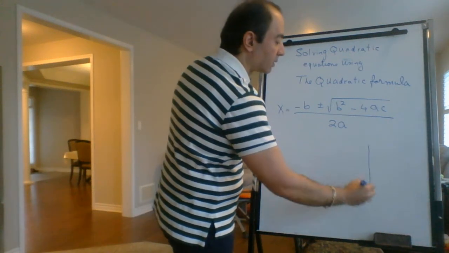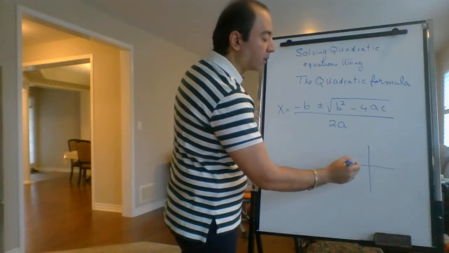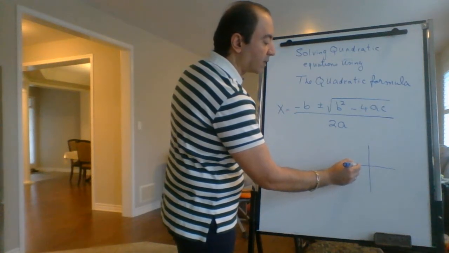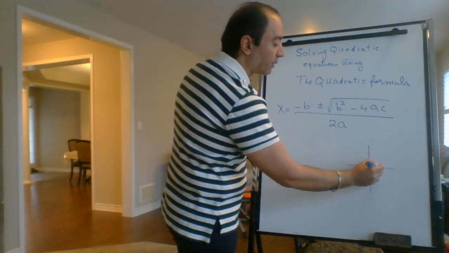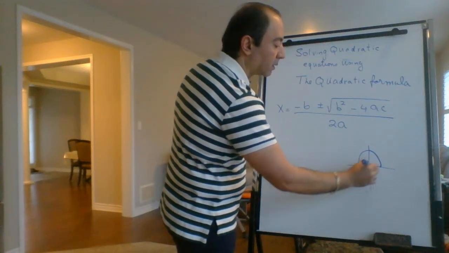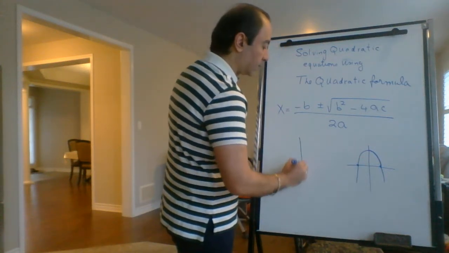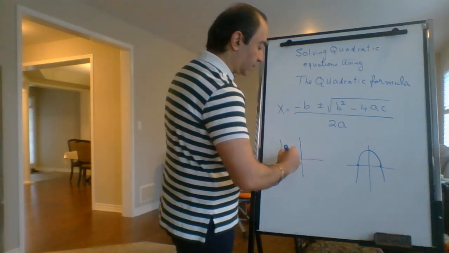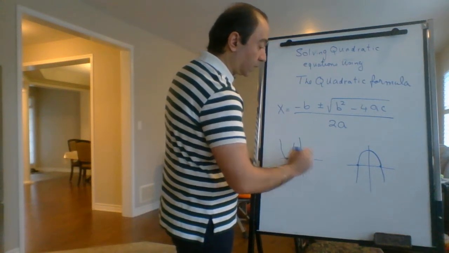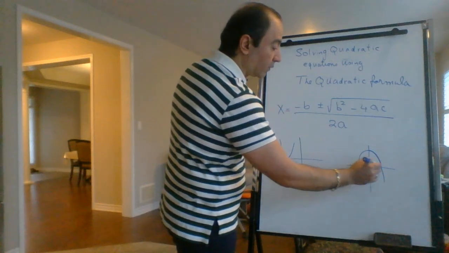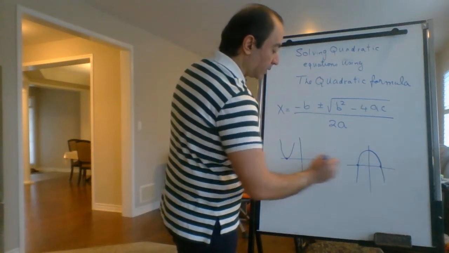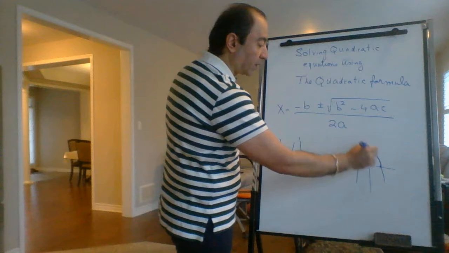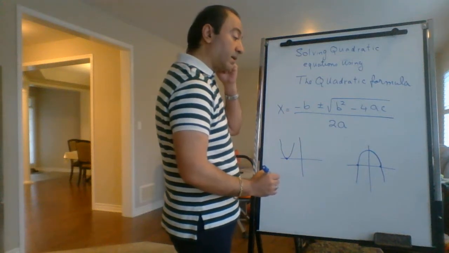It means we are trying to find the roots or the zeros or the x-intercepts, where the parabola cuts the x-axis. So we are going to find those x's where the parabola cuts the x-axis.